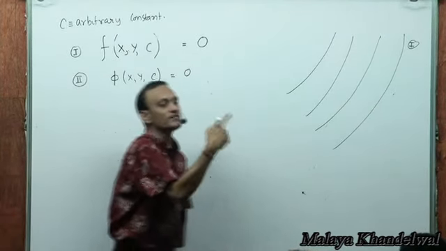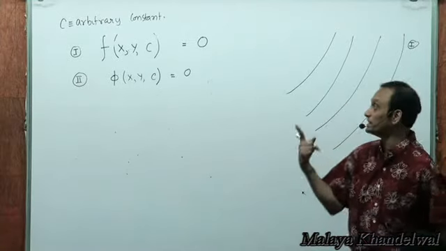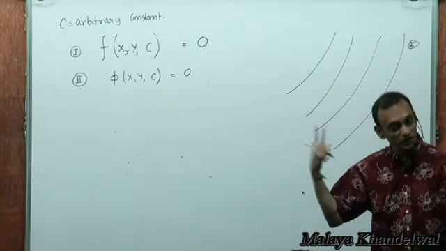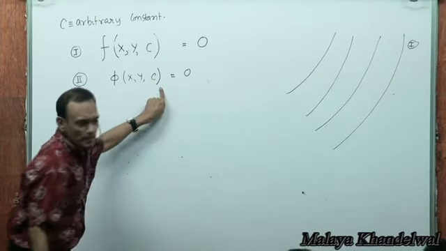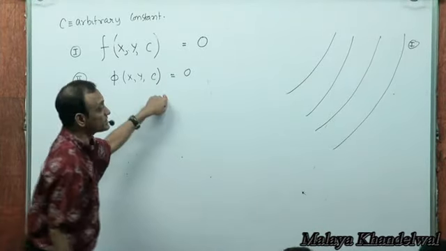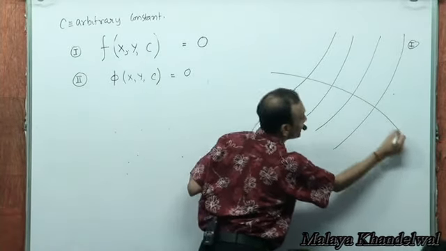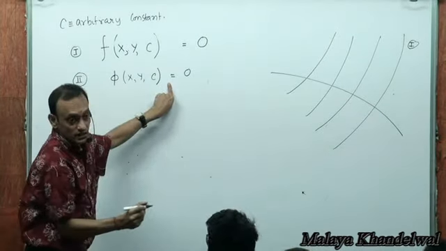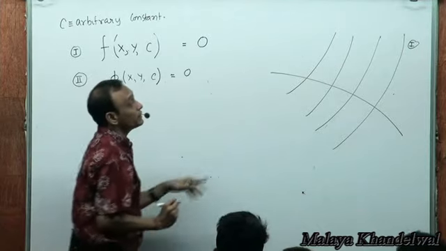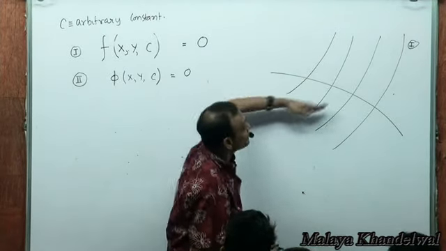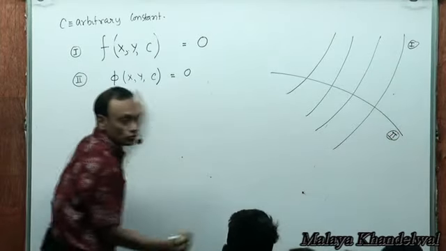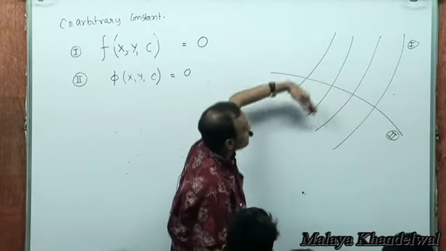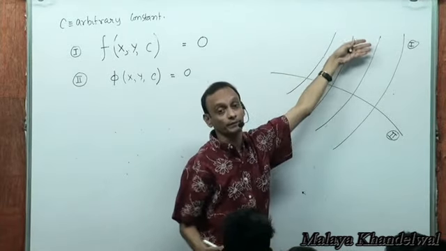Different values of c give me different members of this new family 2, in a manner that if you take any member of family 2, it cuts every member of family 1 orthogonally.